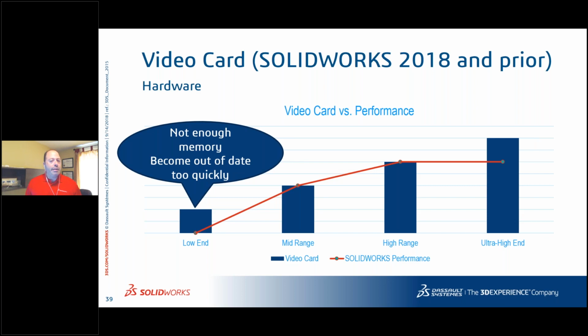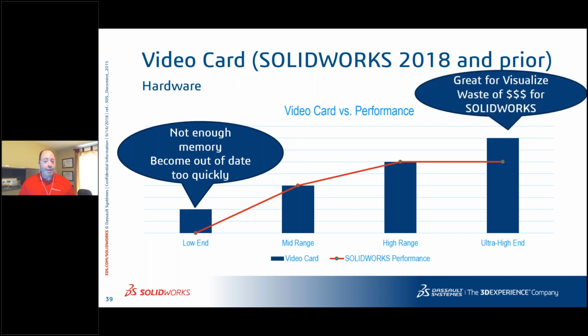Up until now, it wasn't really worth it, because SOLIDWORKS could not tap into the extra power that the GPU had. It was great if you're doing renderings with Visualize, because Visualize could scale with the power of the graphics card, but not SOLIDWORKS. So that's up until 2018.